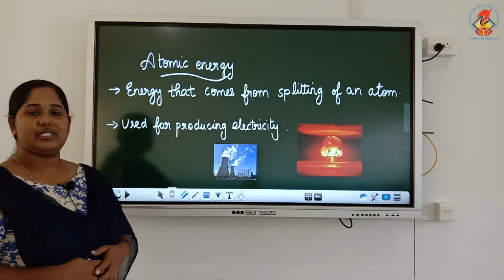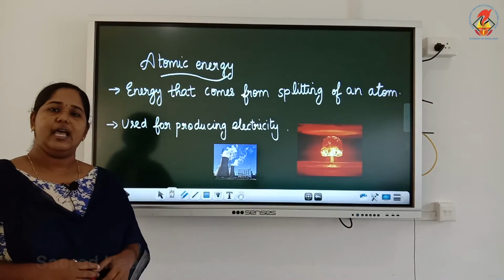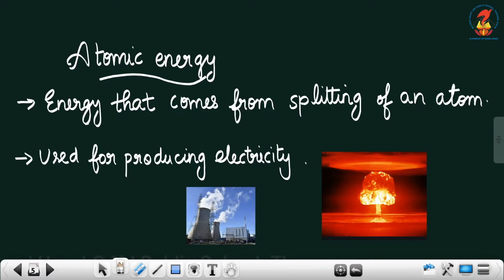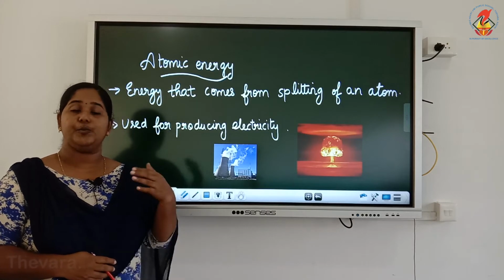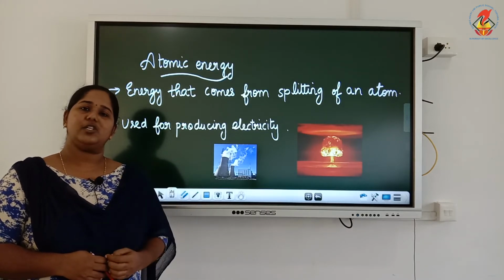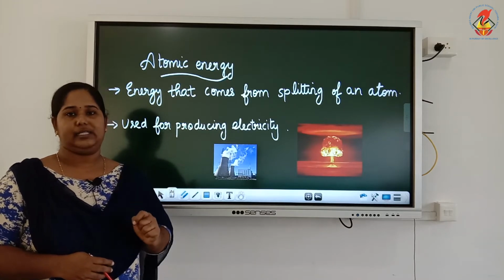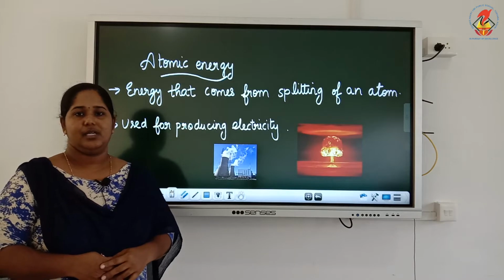The second type of energy is atomic energy. You might not have heard about atomic energy, isn't it? Atom you have heard. Atom is the smallest particle of matter. It is indivisible. But I told you, even if it is indivisible, it can be split up into protons and neutrons. But can you imagine such a small particle, a very small particle, the atom?